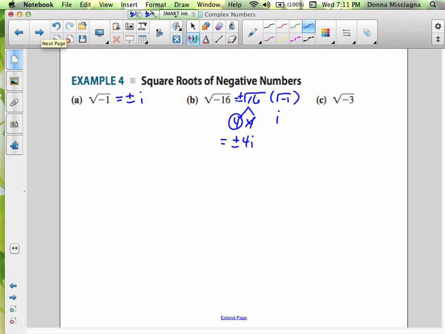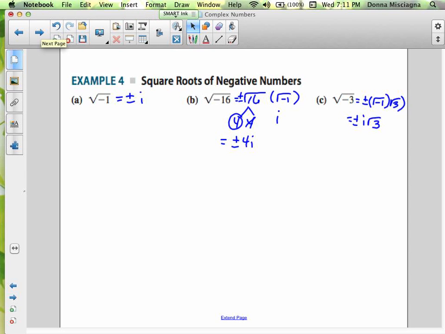Well, 3 is a prime number, but we can factor out the negative 1. So we have plus or minus the square root of negative 1 times the square root of 3. Square root of negative 1 is i, and then we have the square root of 3.